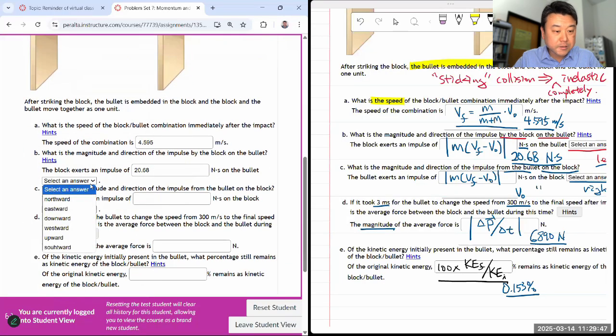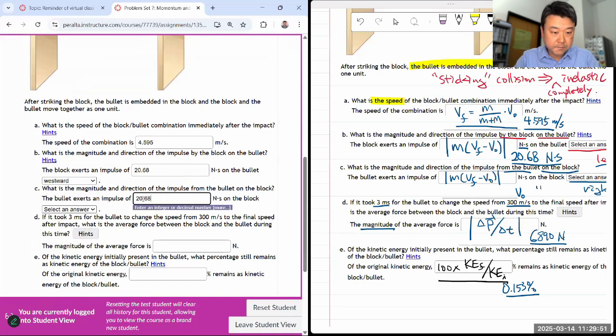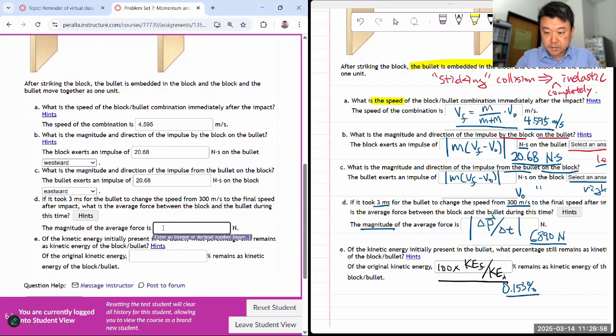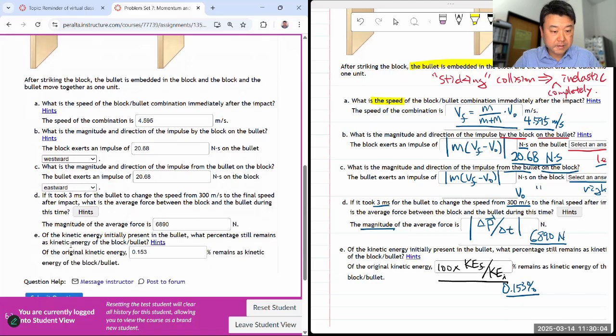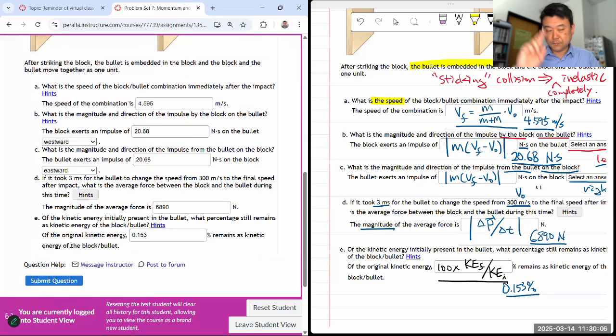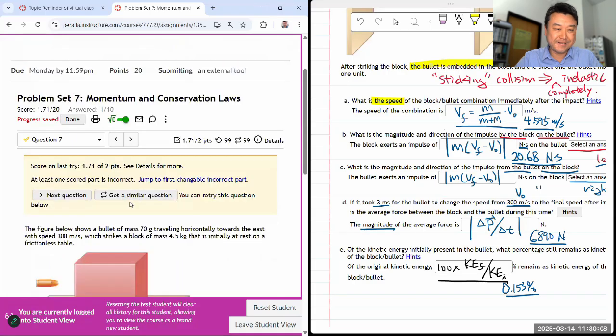So I'll say westward. And then the same number, this time eastward. So the force here is 6,890. Kinetic energy 0.153%. And not a typo. Let's hope that everything is correct.